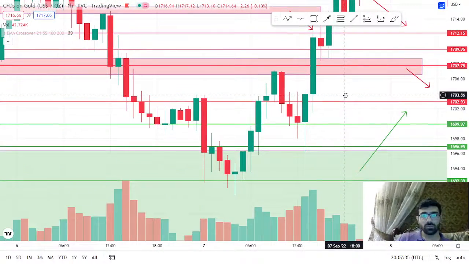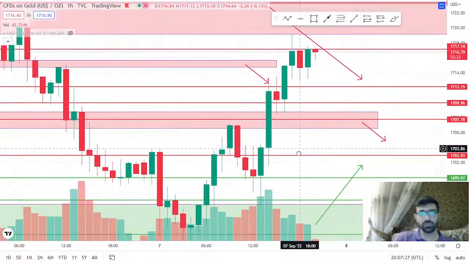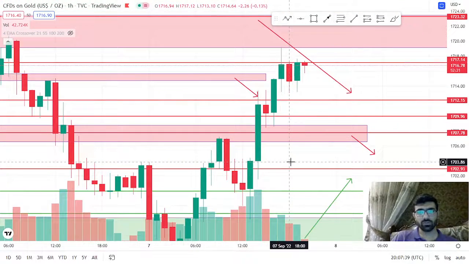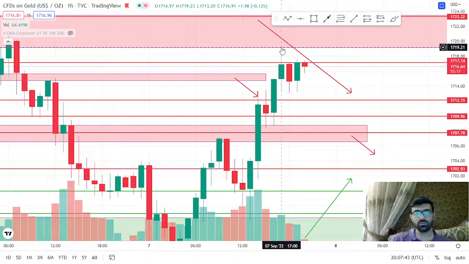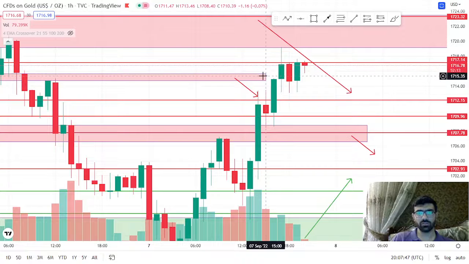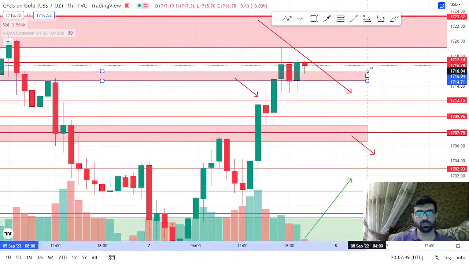Okay, so since it made a new bottom and then it went all the way up till here, now I'm expecting the market to retrace a bit. The market has fallen a lot and now it is trying to go up.